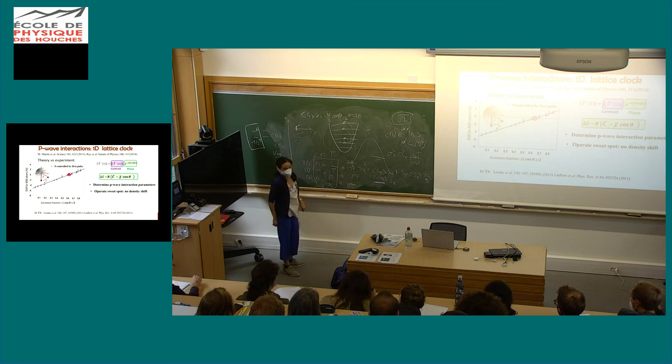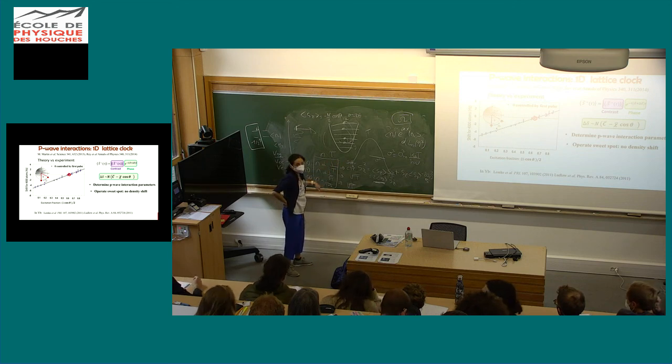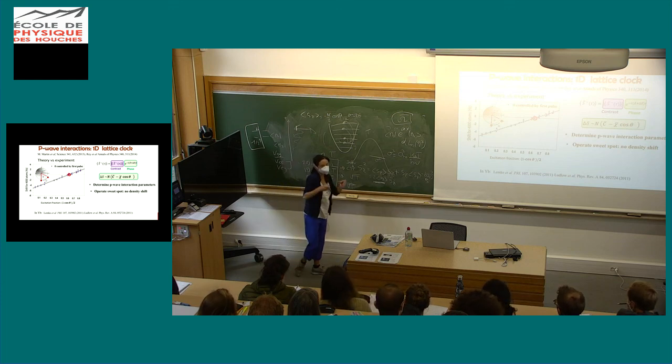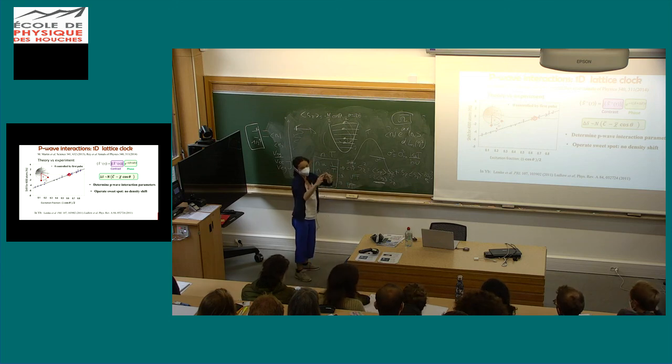So the S-wave interactions are going to be very important as we go to lower and lower temperature, because you have the T in the denominator. Of course, this breaks down at some point where you have the Fermi energy, and the Fermi energy is what is going to determine most of the things. For bosons, the density cannot go to 0 like for fermions. But yes, that's a good question.